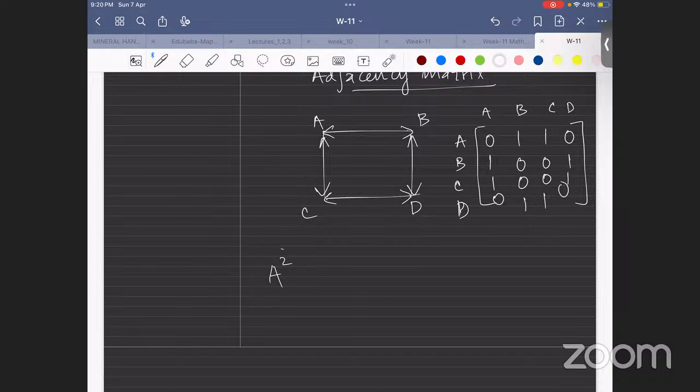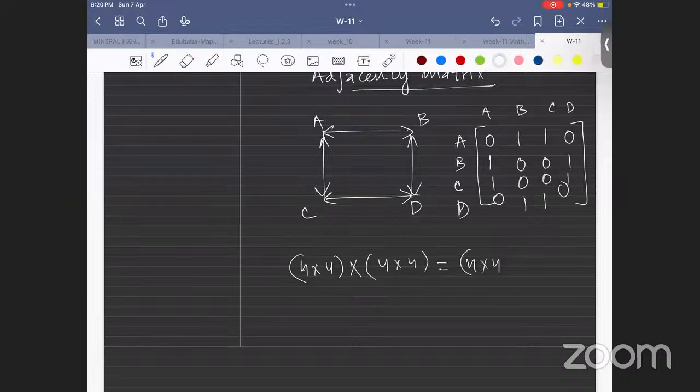But if you are doing A square now, that will help you know more. Because this is a 4 cross 4 matrix, and if you multiply a 4 cross 4 matrix with a 4 cross 4 matrix, what will you get? 4 cross 4 itself.